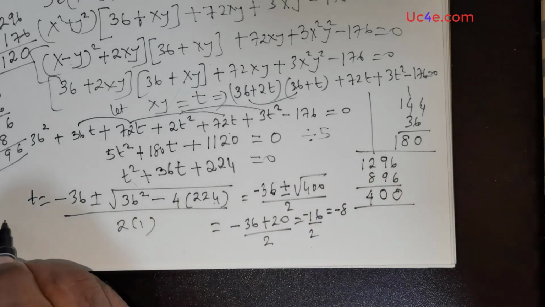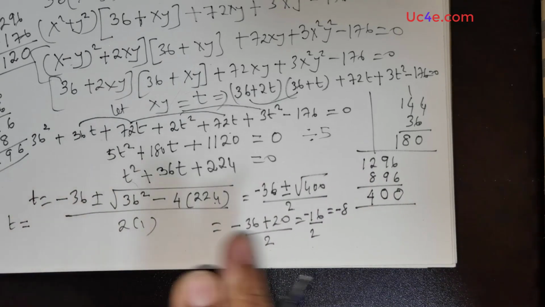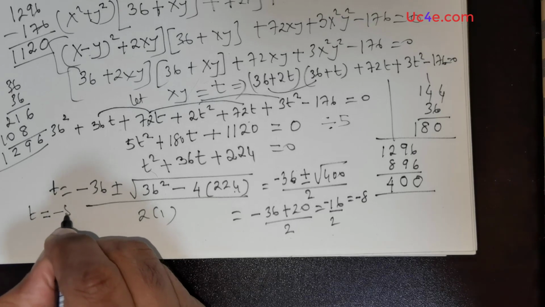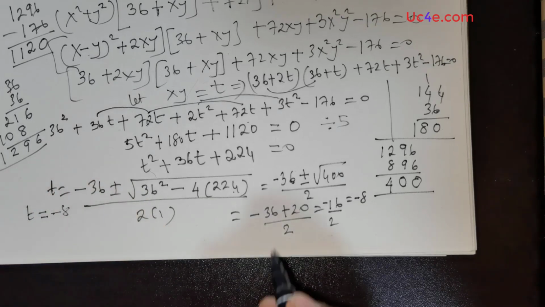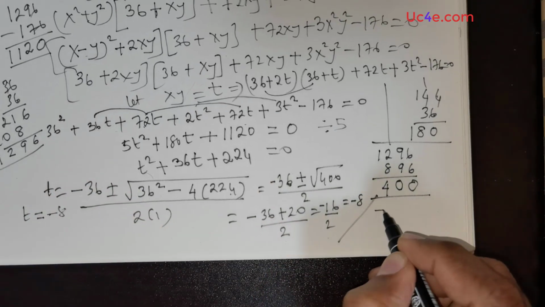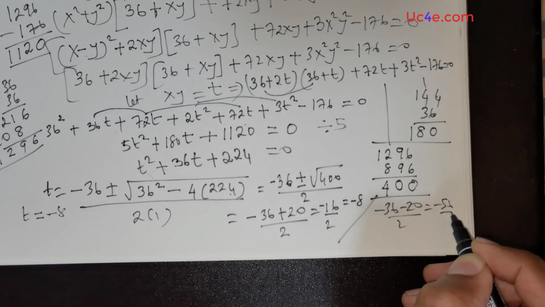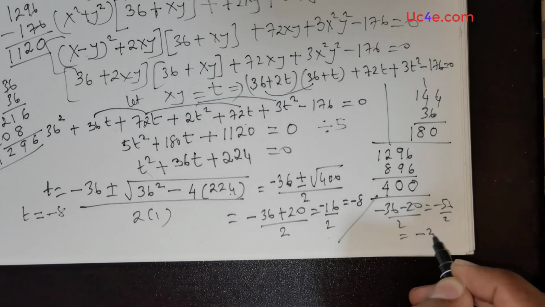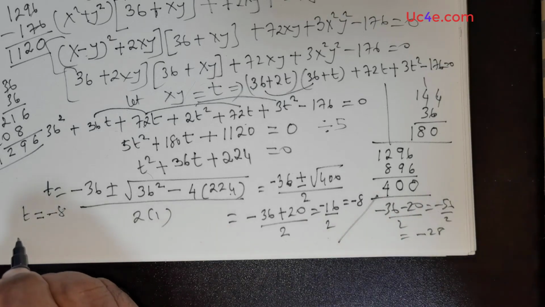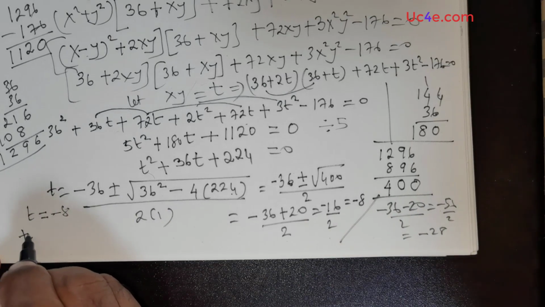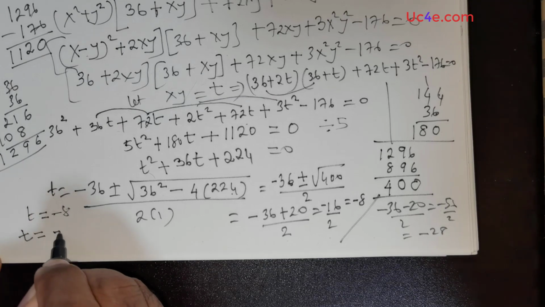So t is equal to negative 8. That's going to be one value. The next value, with the negative sign, is negative 56 divided by 2, which is negative 28. So the next value, t is equal to negative 28.